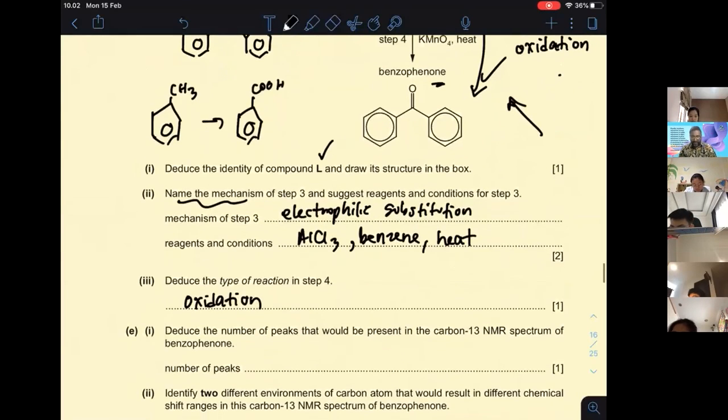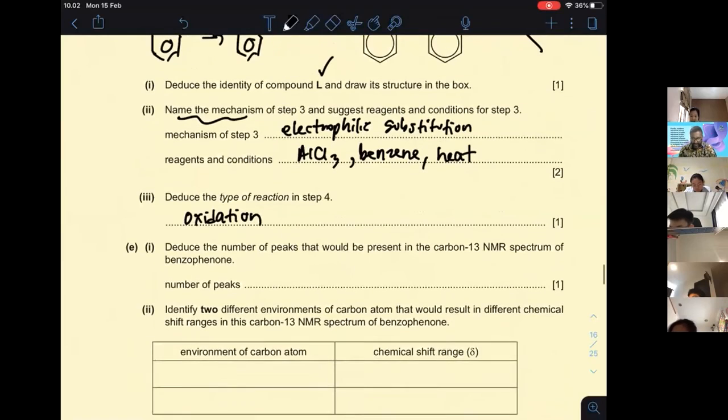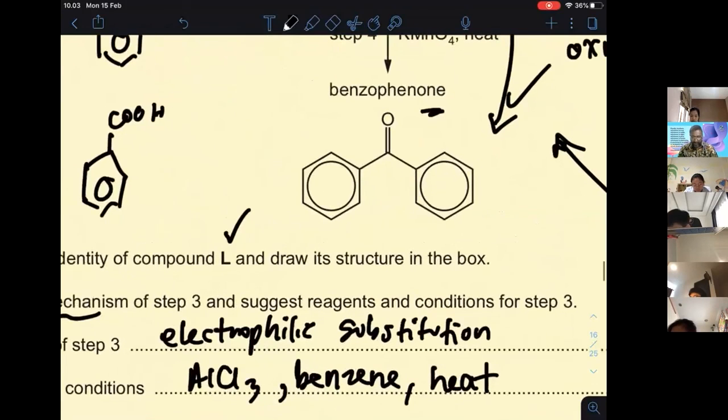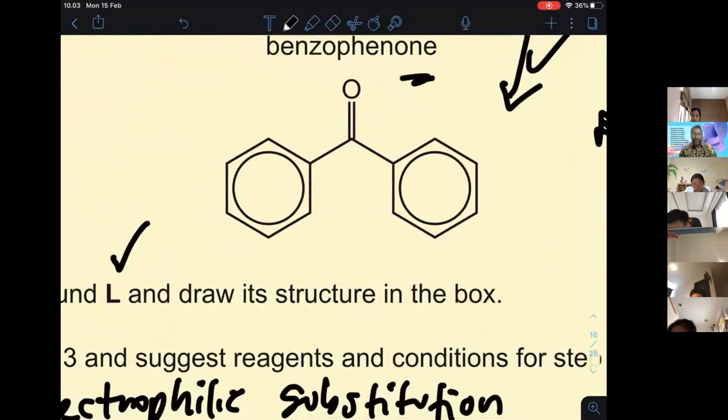Deduce the number of peaks that will be present in the carbon-13 NMR spectrum of benzophenone. So you see, this is very important. Carbon environment: this is carbon number 1, and this is going to be also the same, carbon number 1. This carbon environment is the same as this carbon environment, symmetrical.